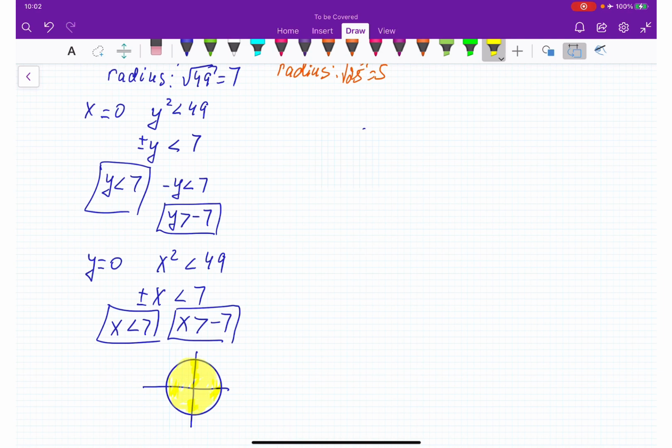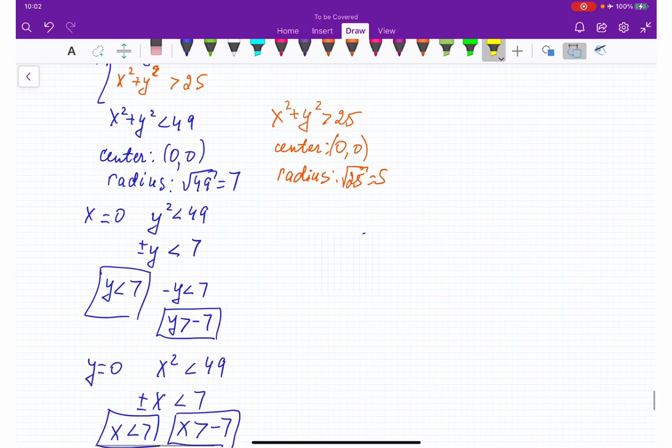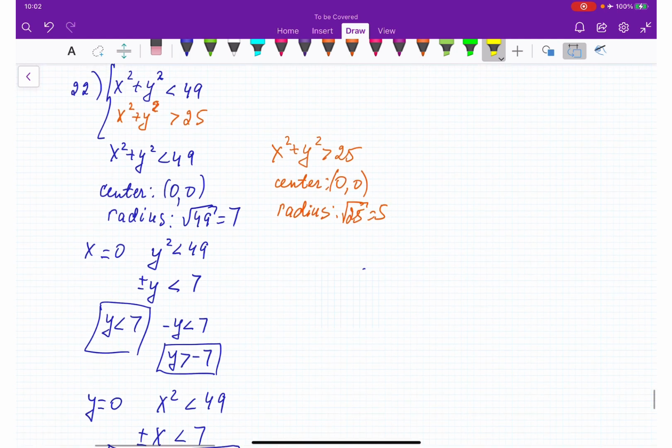A different story is going to be for the brown equation, because it has greater than. When it's less than, the shading goes inside. If it's greater than, the shading goes outside. Let me show you.